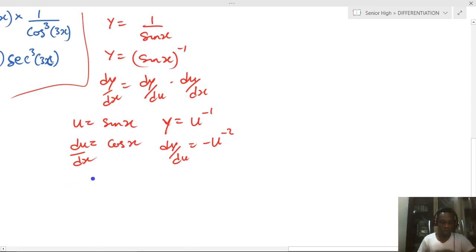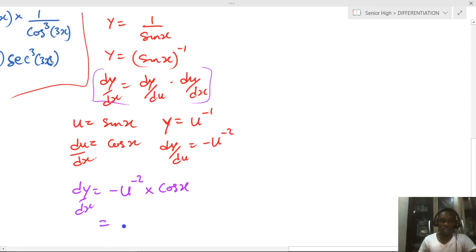Therefore, bringing it into this equation, we have that our dy/dx is equal to dy/du, which is minus u raised to the power minus 2, multiplying du/dx, which is cos x. And that will be minus, our u is sine x, so sine x raised to the power of minus 2 cos x.